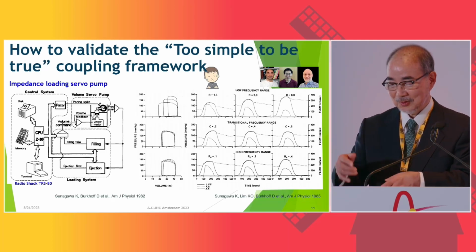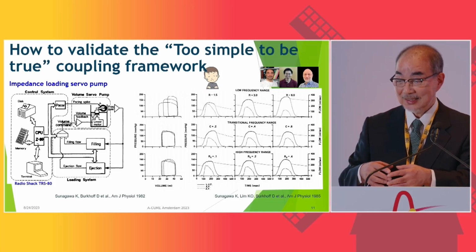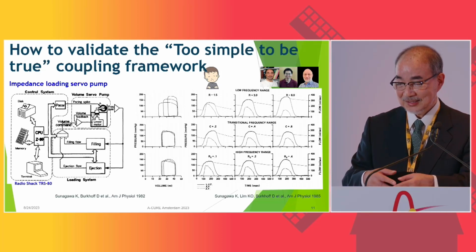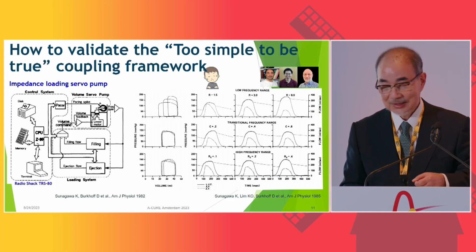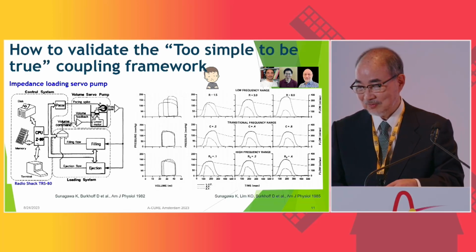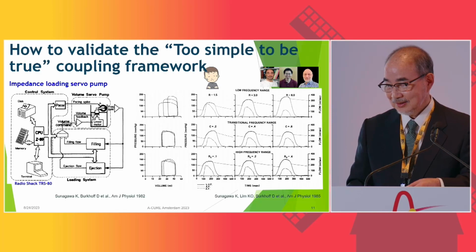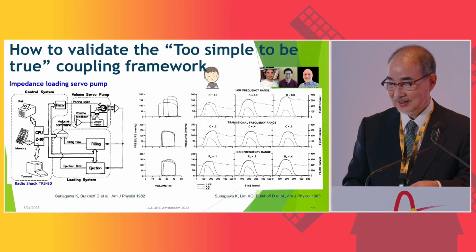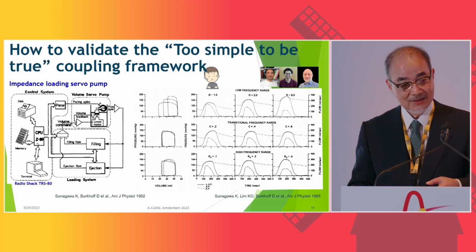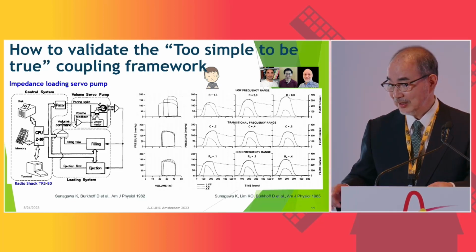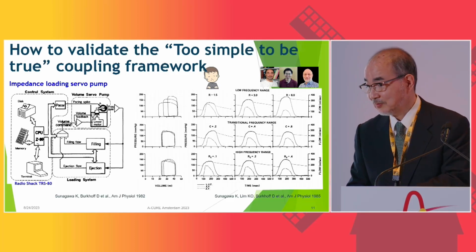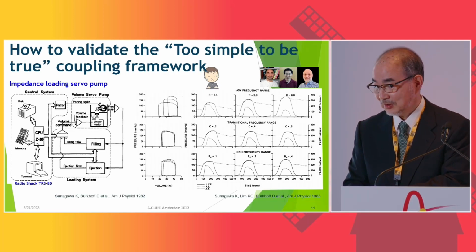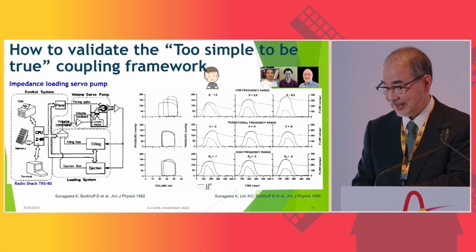Then the integral of those filling and ejection flows gives us the volume signal that drives a servo-pump system connected to this isolated heart. So even though there is no vascular system, the heart feels as if it is ejecting into vascular impedance. That is how we get this left ventricular pressure, left ventricular flow, and aortic pressure in the preparation.